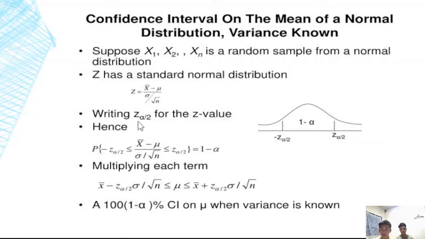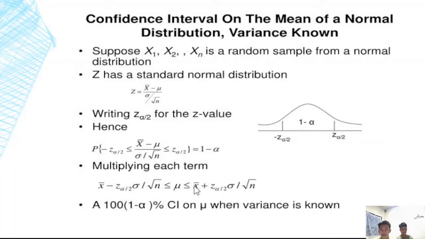Writing z sub alpha over 2 for the z value, hence P of x bar minus mu over sigma over square root of n is greater than or equal to negative z sub alpha over 2, and x bar minus mu over sigma over square root of n is less than or equal to z sub alpha over 2, is equal to 1 minus alpha.